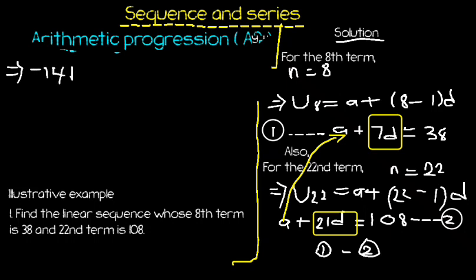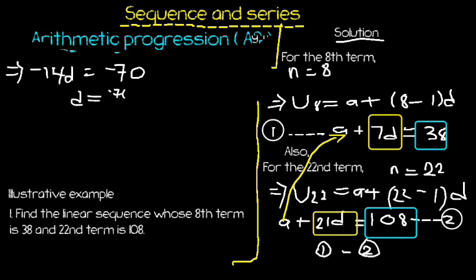So 7d minus 21d, we are getting minus 14d, and 38 minus 108, we are getting minus 70. So now we can say that our common difference d is equal to minus 70 over minus 14, which we had our answer, because we know that minus will cancel, and 70 divided by 14 we had 5.